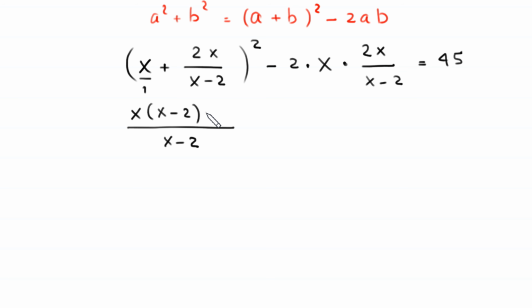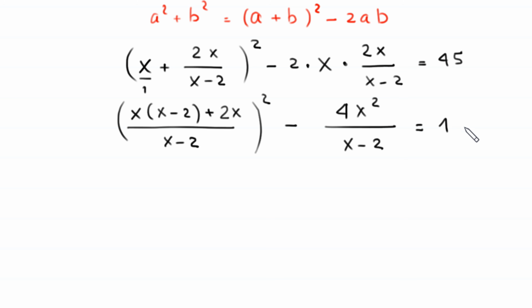This plus will come here, and x minus 2 divided by this x minus 2 is 1. 1 times 2x will become 2x, whole squared minus this 2 times x times 2x will become 4x squared divided by x minus 2 is equal to 45.